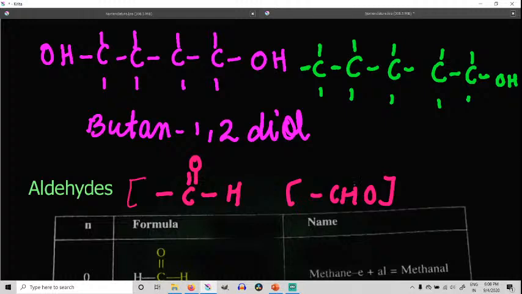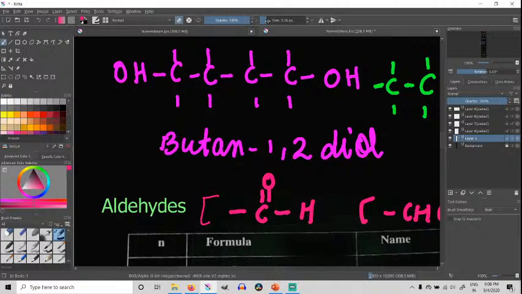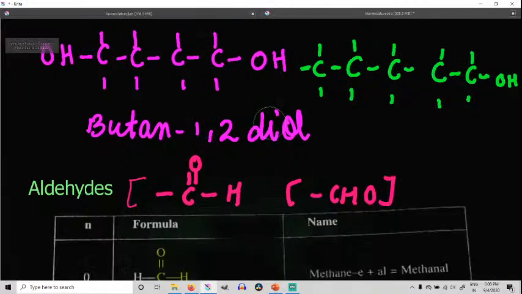Okay, just wait for a second. Let me make my pointer bigger. Can you see the pointer now?